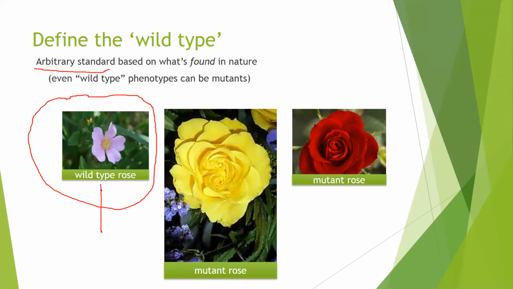So the wild-type rose looks like this, and the beautiful roses you see in the market store are mutants, right? Sometimes you go to the store and buy a bunch of beautiful roses for your significant one to show love, but you don't know they are not wild type, they are mutants, they are monsters. So I just want you to know that wild type and mutant are two relative terms, and sometimes we define the wild type very arbitrarily.